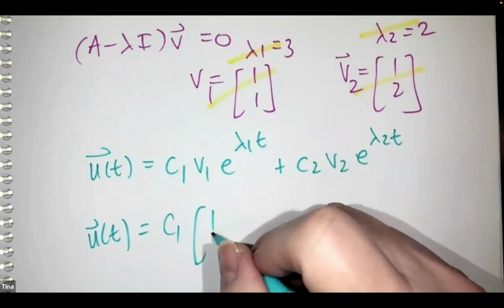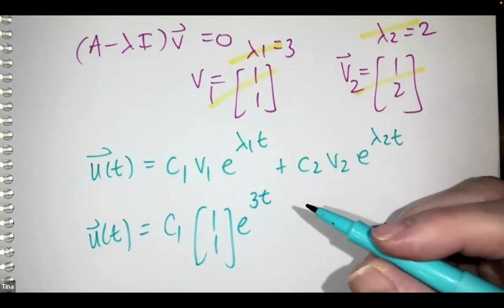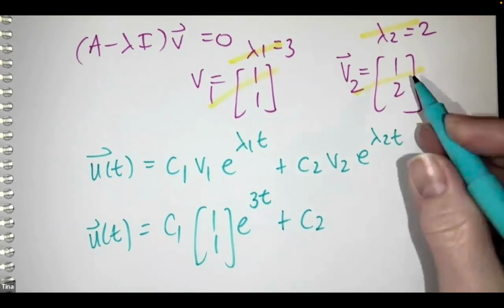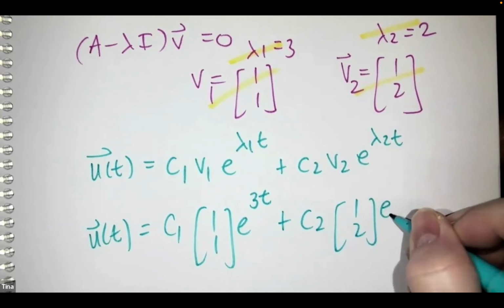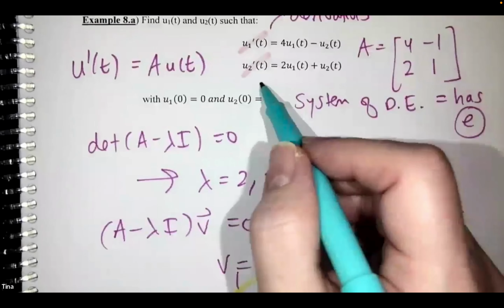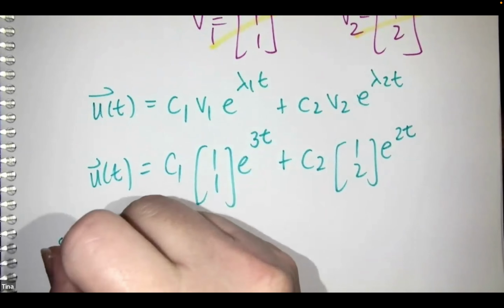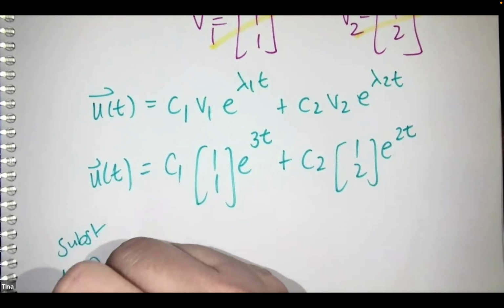Well, we'd have C1 times vector (1, 1), e to the 3t, and then plus C2, V2, e to the 2t. And again, we do have an initial condition (0, 3), so yes, we'd have to sub it in, right? Along with t is 0.